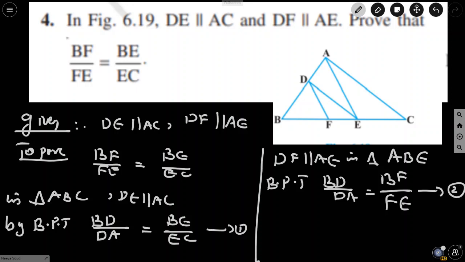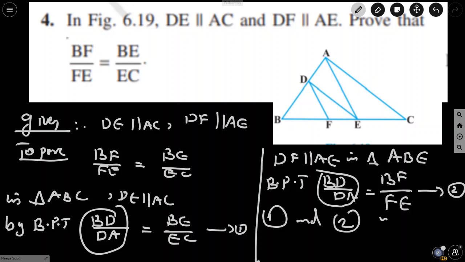You can see in equations 1 and 2 the LHS is the same. The LHS is BD by DA. So if the LHS is the same, from 1 and 2 we get BE by EC is equal to BF by FE, or BF by FE is equal to BE by EC, hence the proof.